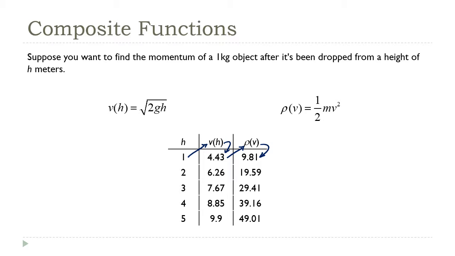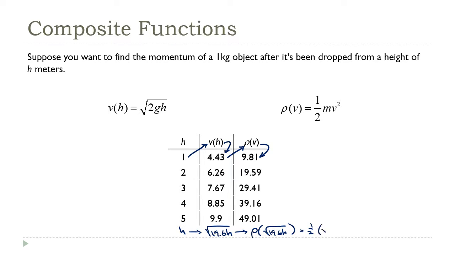instead of doing this with numbers, I did it with the formulas? So instead what I'm going to do here is put h here. If I put h into the velocity formula, I get the square root of 19.6 h. And then I'm going to take this result and put it into the momentum formula.